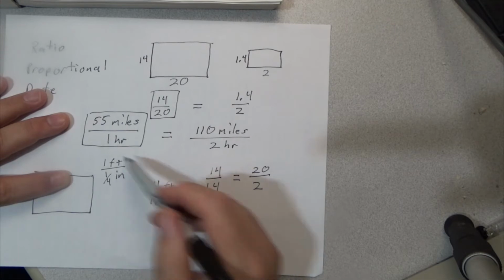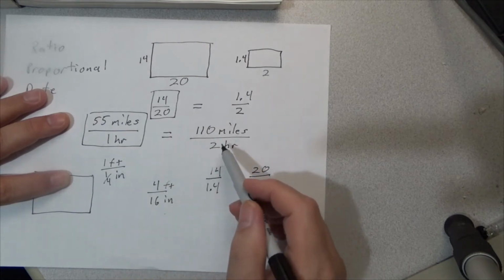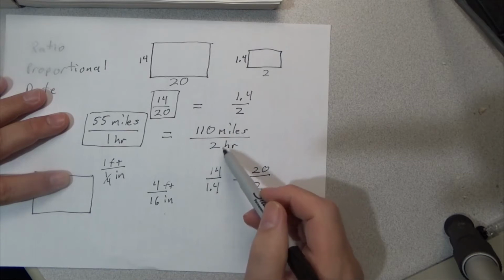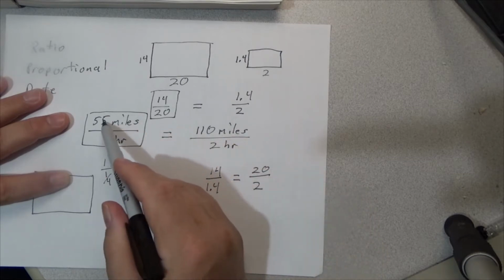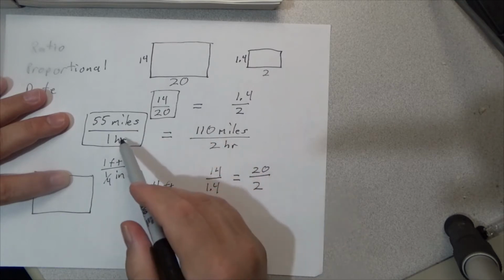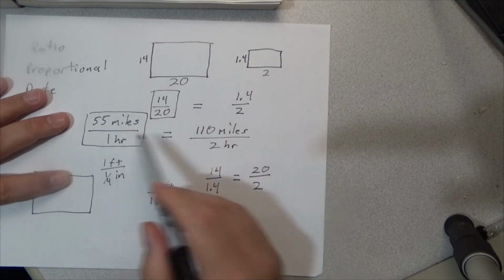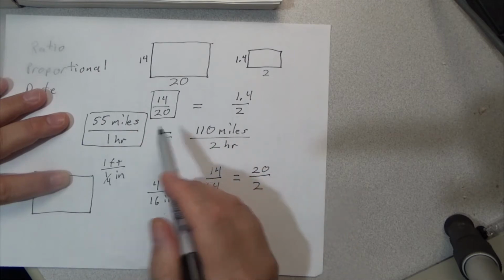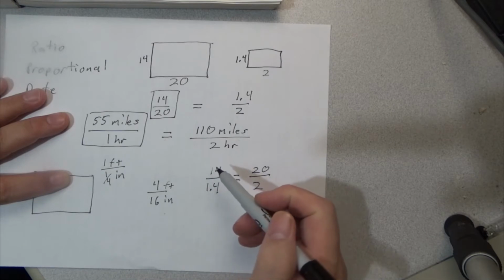Different units, miles and hours. But if I have another rate that is 110 miles in 2 hours, these two fractions are the same. 55 over 1 is the same as 110 over 2. This one is just more reduced. So these two rates are proportional because the two fractions are the same.